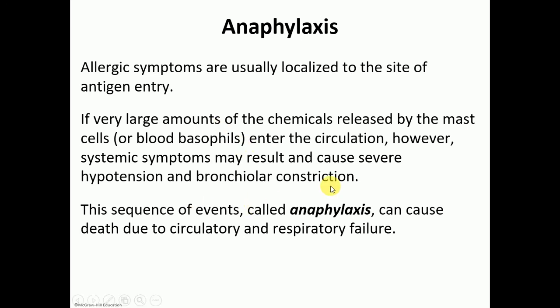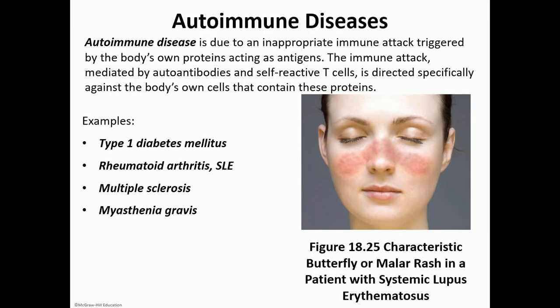The massive vasodilation leads to hypotension, and that is known as anaphylaxis. So anaphylactic shock is due to circulatory and respiratory failure. Circulatory failure is due to the massive dilation of the blood vessels, leading to severe hypotension, and respiratory failure is due to the bronchiolar constriction, causing dyspnea, or if it's severe enough, respiratory failure.